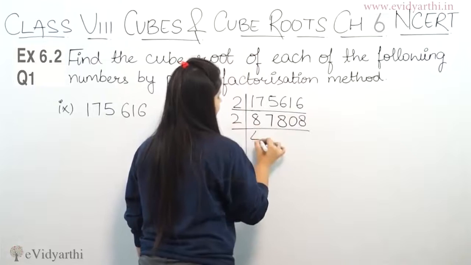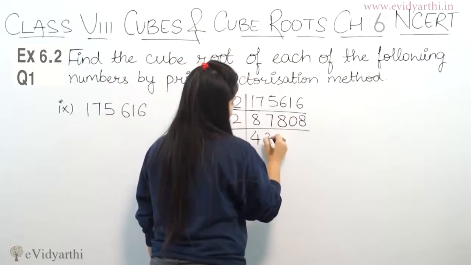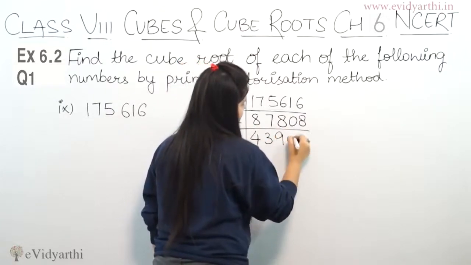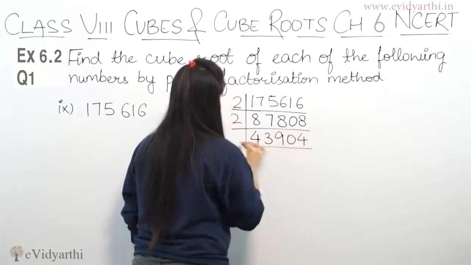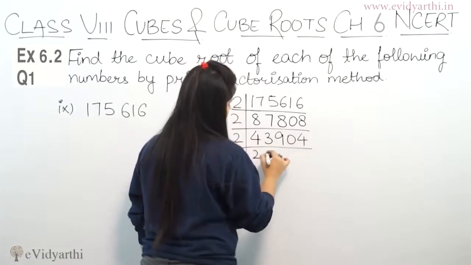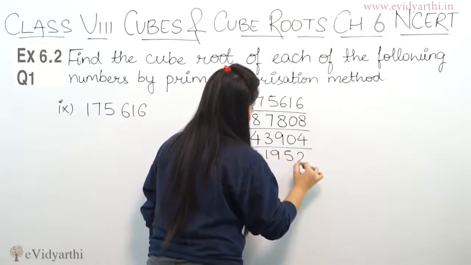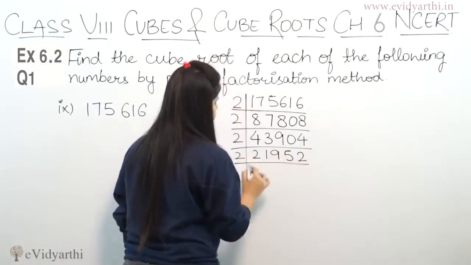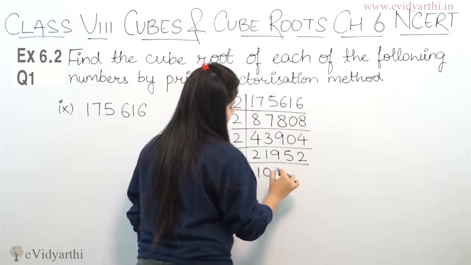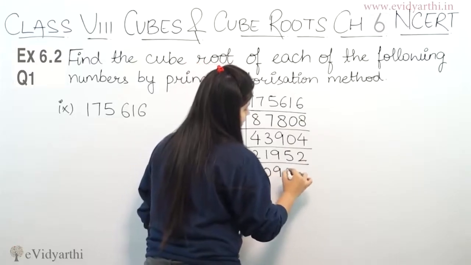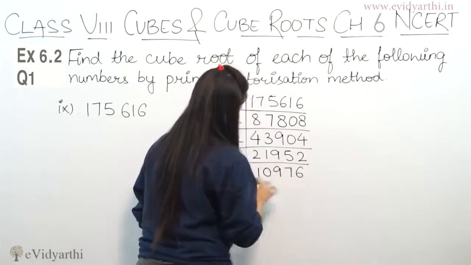Again 2 से करेंगे, 21952. Again with 2, 10976.